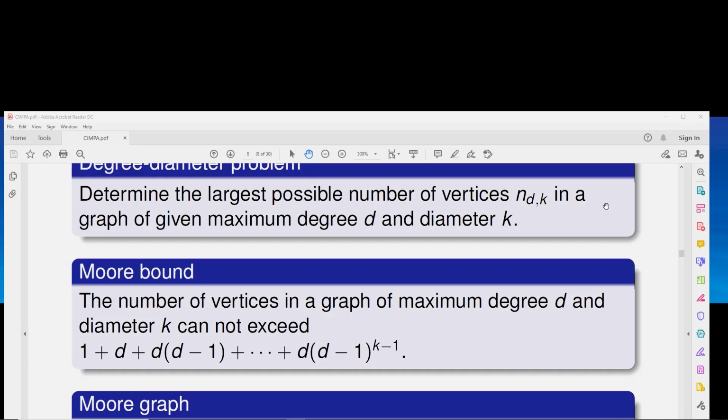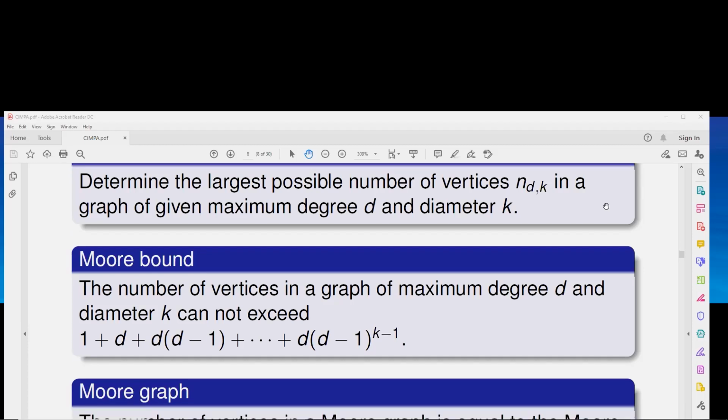So n_{D,K} will be the largest number of vertices in a graph of degree D and diameter K. Still, we are here in the Moore bound, and why actually we cannot get more vertices than this one.